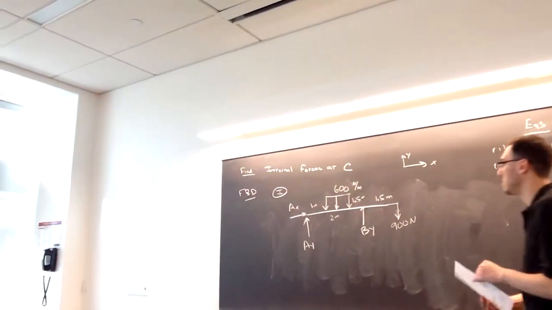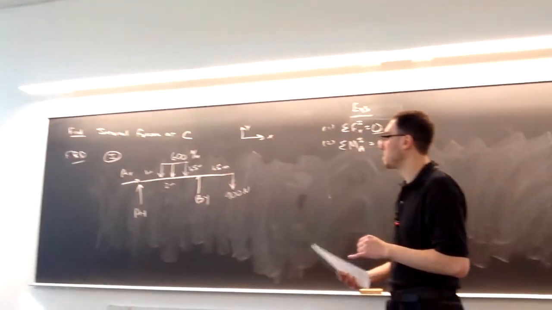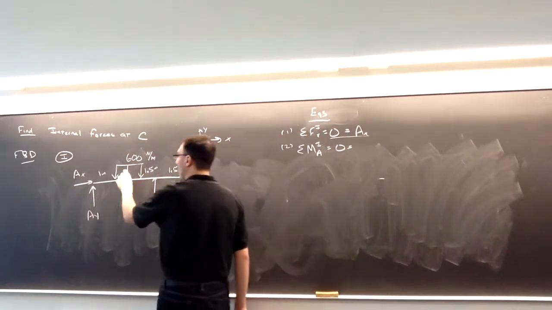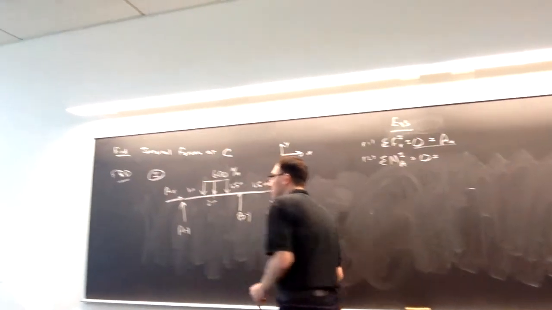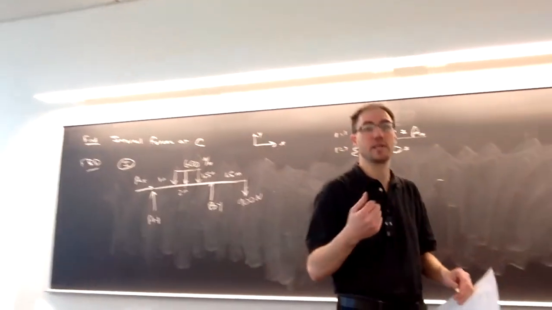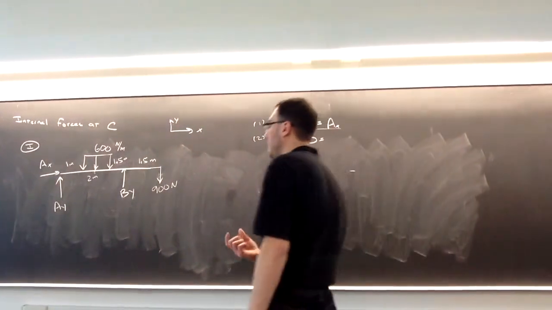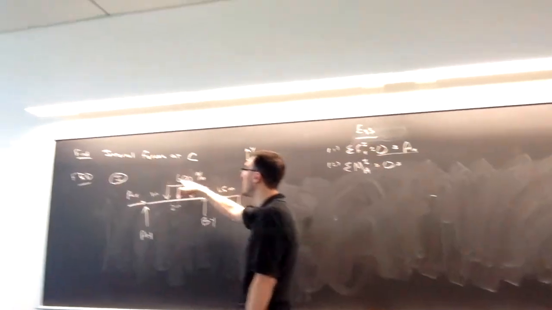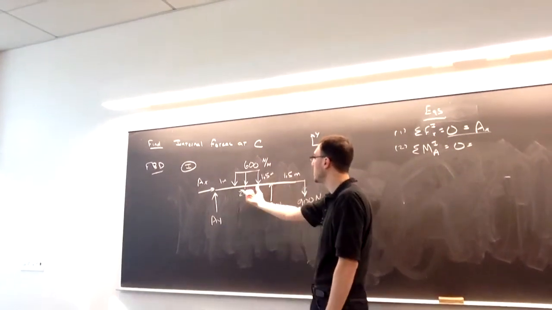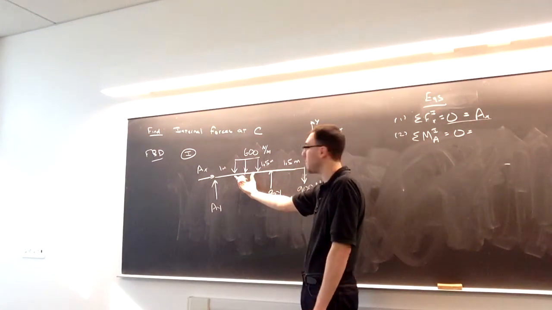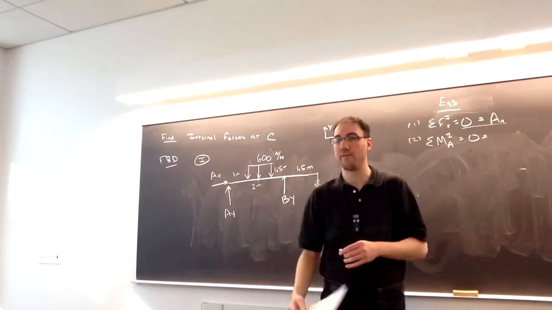So the distributed load, first of all, we have to find out what's the equivalent force. That's going to be, because it's a uniformly distributed load, its intensity of 600 times the distance it acts, 2 meters. So we're at 1,200 newtons of force.